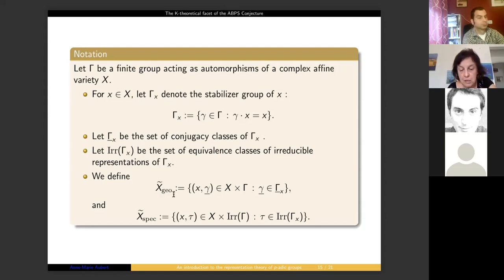So X tilde geo, for geometric, which is the set of pairs (x, underline γ), such that underline γ is a conjugacy class of Γ_x, and the spectral version, which is defined as follows.